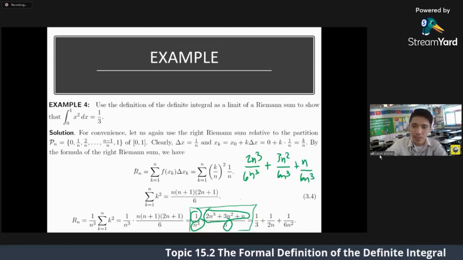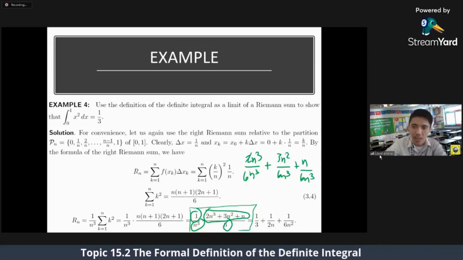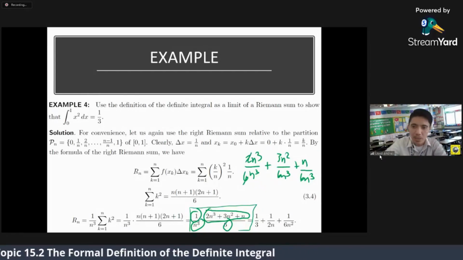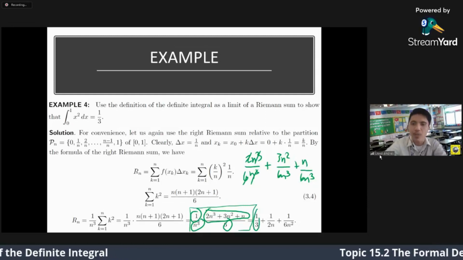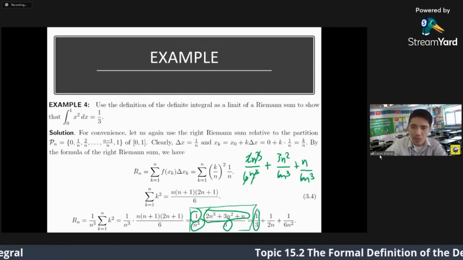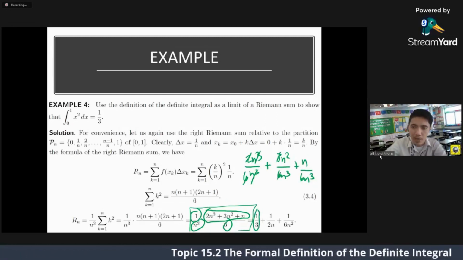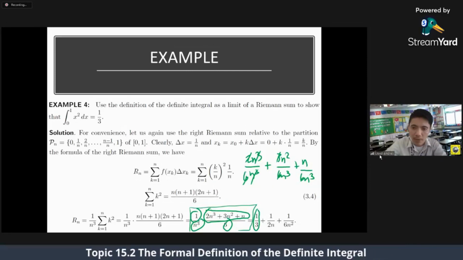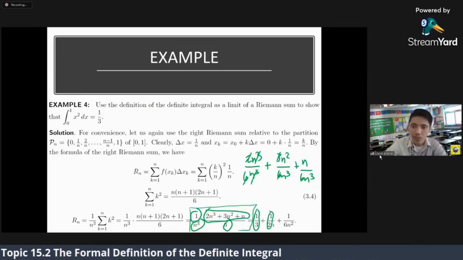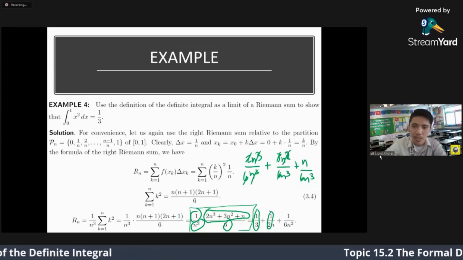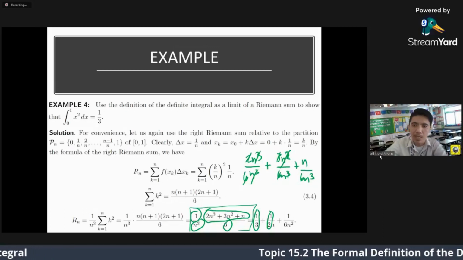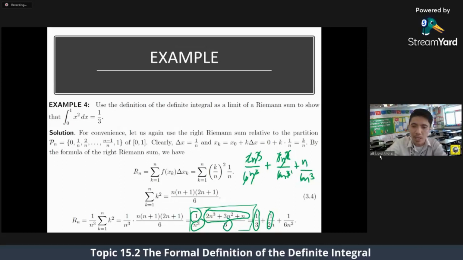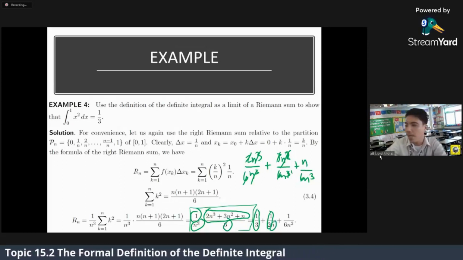Pag i-simplify nimo ni kana, that's 1/3. Ang n cubed makancel naman, so ang mabilin 1/3. Kani 3 ug 6 is 1/2, so naa tay 1/2. Tapos n squared lang man ni sa taas, cube man sa baba. So matanggal si n squared, pero mabilin ang n kay squared ra man ang makancel.